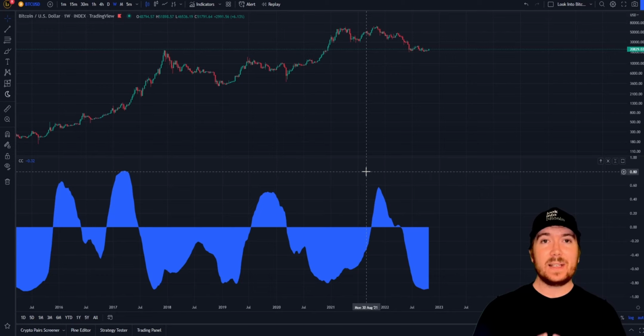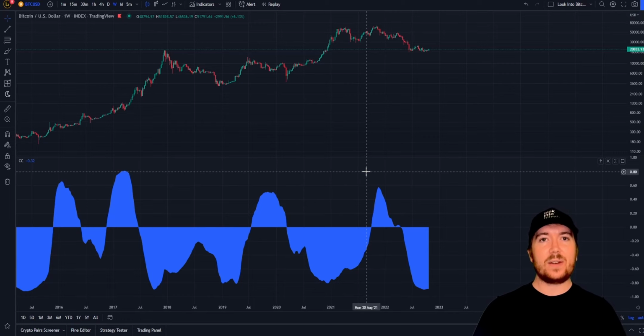Now, this is especially useful to take note of right now, given the current global political, economic, and fundamental factors impacting global fiat currencies and especially the US dollar. As inflation rates and general fears of a recession are looming, the US dollar has increased in value compared to most assets and other global currencies.